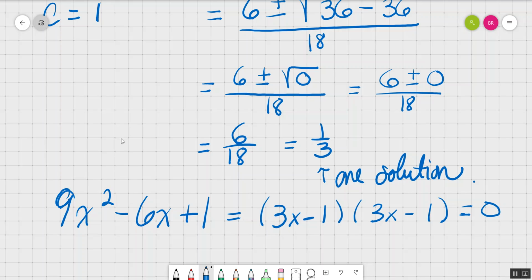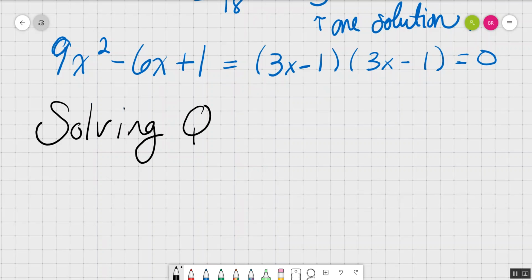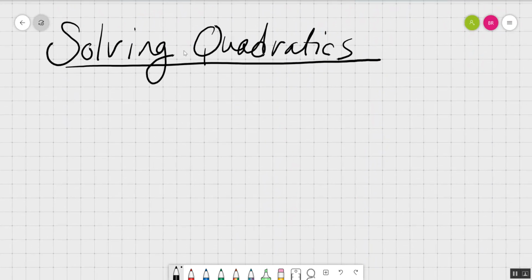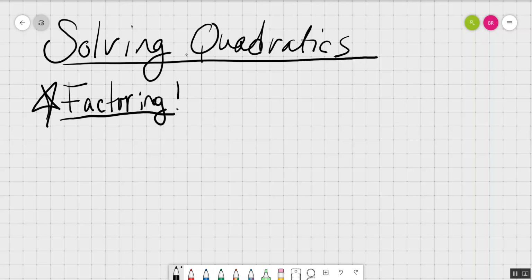One thing I want to do before I get into summarizing this stuff. You now have a ton of methods for solving quadratics. And I want to take a minute to summarize them. So the first method you have is by factoring. Factoring is very good if your answers are real.